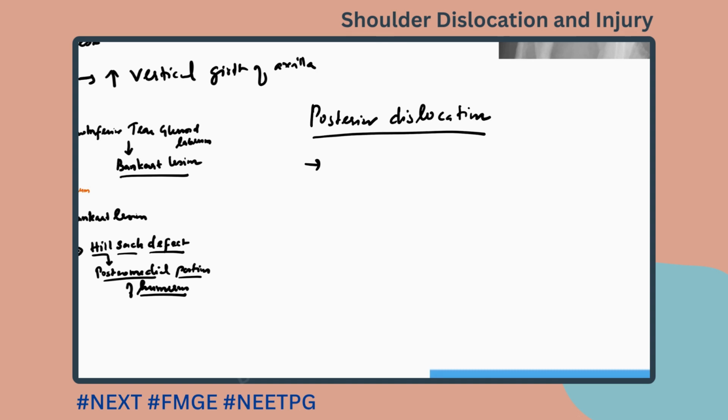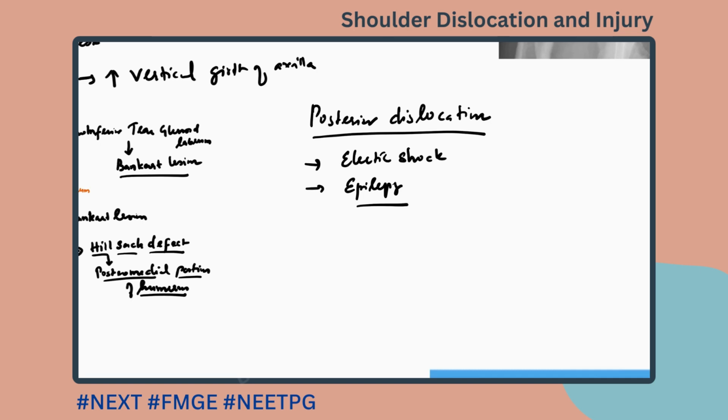Posterior dislocation commonly occurs in electric shock. When a patient has got electric shock, or when a patient has got epilepsy, it causes posterior dislocation of shoulder. So this is very simple. Posterior dislocation is seen in epileptic patients and in patients who have sustained electric shock.